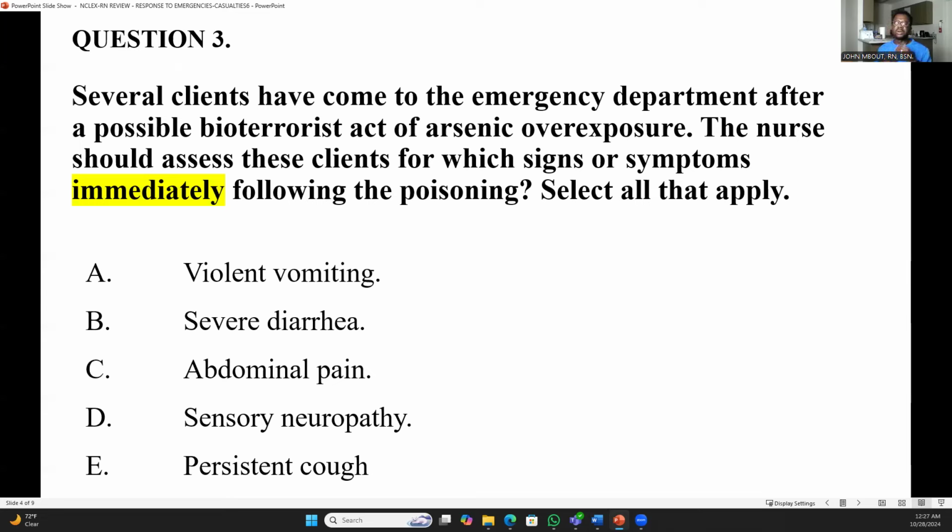Sensory neuropathy occurs after the acute phase. It tells you immediately following the exposure. Now let's revise. What is arsenic? It's a chemical, okay? It's a metalloid, it's a poison. Most people use it to commit suicide. This poison can also be found in groundwater.